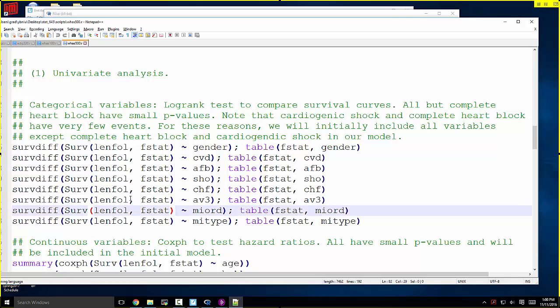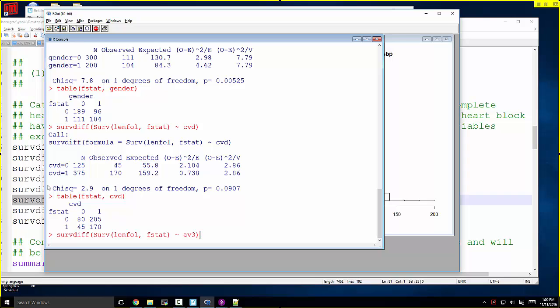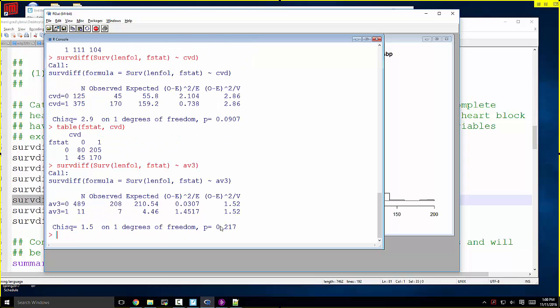AV3, let's look at it. So it had not a very small p-value. So we might consider AV3, maybe it does not need to be in the model.